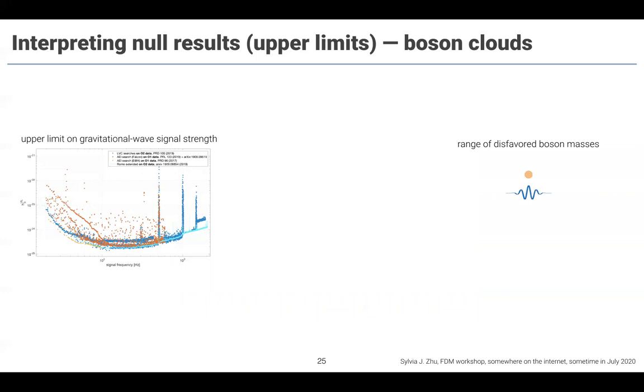I mean, we've been searching for continuous gravitational waves for a while, for different types of signal sources, and we haven't detected anything yet. So if we continue to not detect anything, then what can we do to take our upper limits on the gravitational wave signal strength, on the strain, and how do we interpret this into a range of disfavored boson masses?